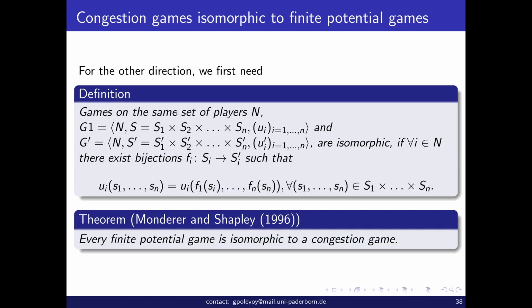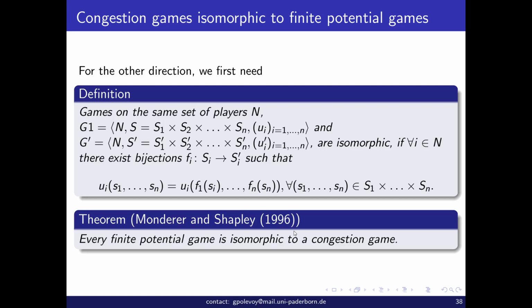Now, in order to prove the other direction, we first need to formally define what we mean here by isomorphic games. So strategic form games on the same set of players N, G and G prime.